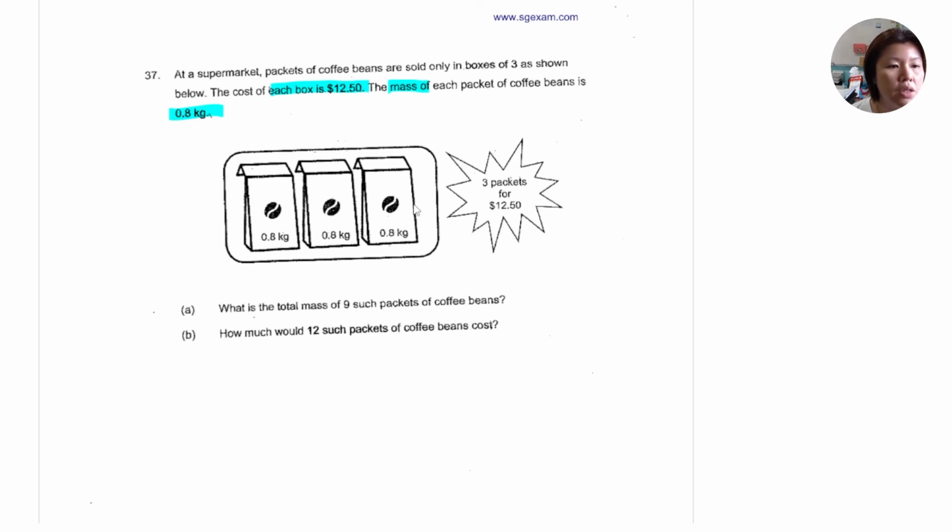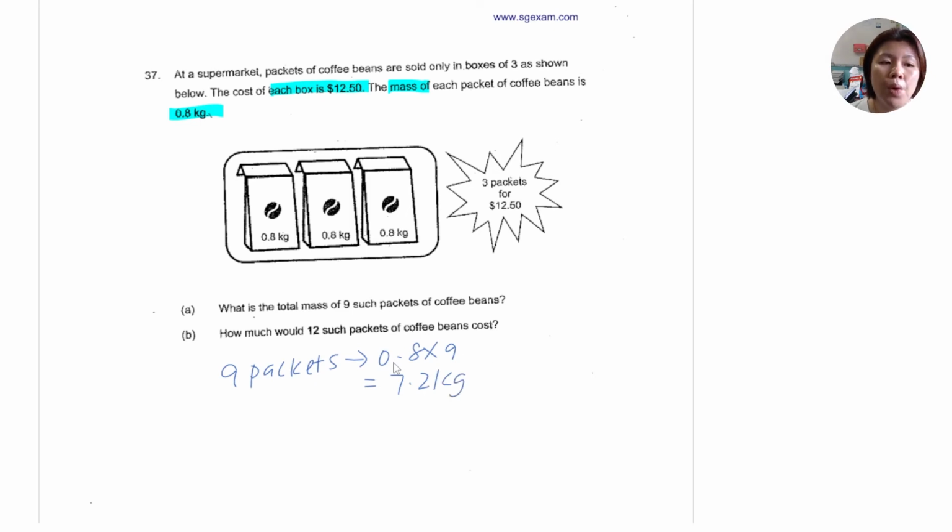Okay, so they're asking you 3 packets is for 12.50, and inside there's 3 packets. So what is the total mass of 9 packets? So 1 packet is 0.8, so 9 packets will be 0.8 times 9 will give you 7.2 kg.